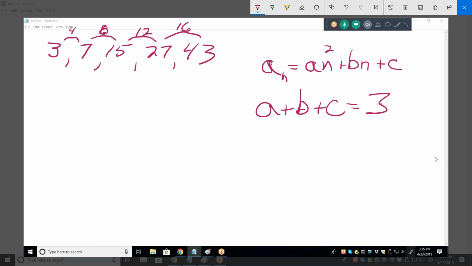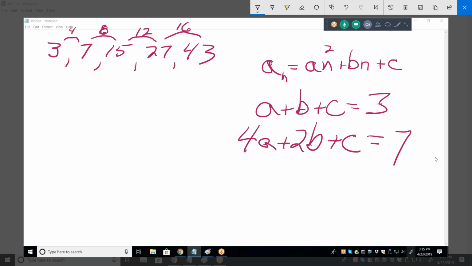Okay, so if I plug in 2 for n instead of 1, then I got 4a plus 2b plus c equals 7. Am I on the right track? Yes, sir.